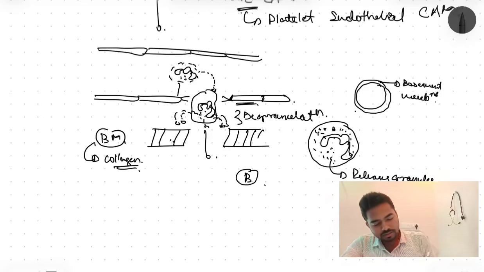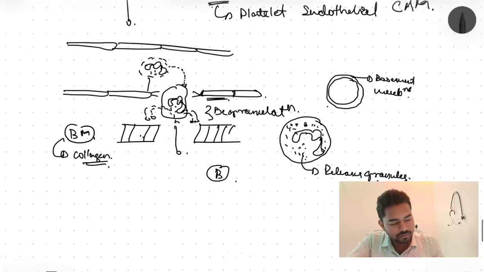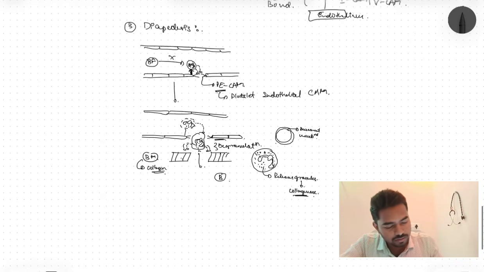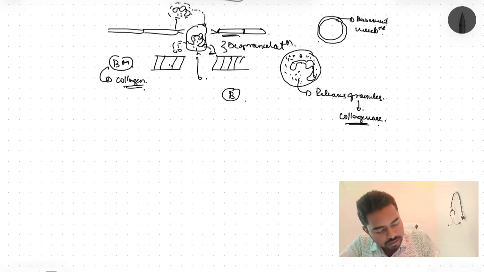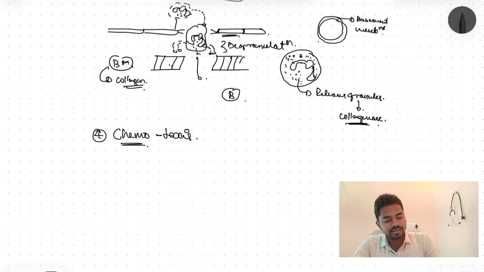Now what happens? Next process, the fourth, is chemotaxis. Chemo, what do you mean by chemo? Some chemical, right?